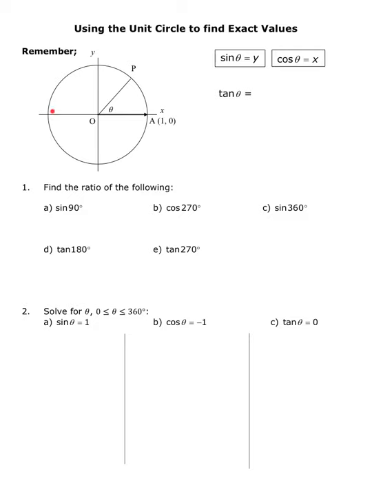Remember that in a unit circle, the radius of this circle is 1. And that allows us to write the coordinates of where the axes meet the unit circle. So this first point, when theta, the angle, is 0, we've gone 1 to the right and 0 up. So that coordinate is (1, 0).